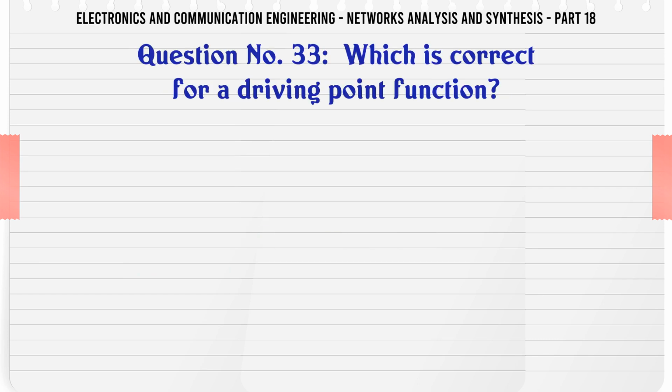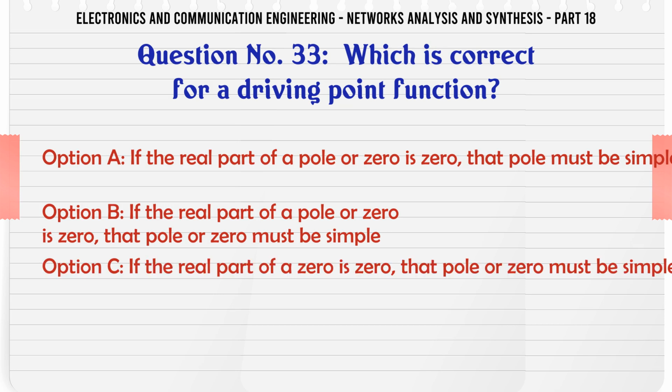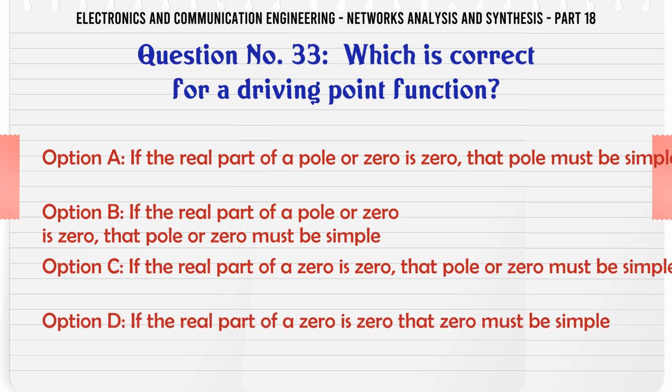Which is correct for a driving point function? A, if the real part of a pole or 0 is 0, that pole must be simple. B, if the real part of a pole or 0 is 0, that pole or 0 must be simple. C, if the real part of a 0 is 0, that pole or 0 must be simple. D, if the real part of a 0 is 0, that 0 must be simple.